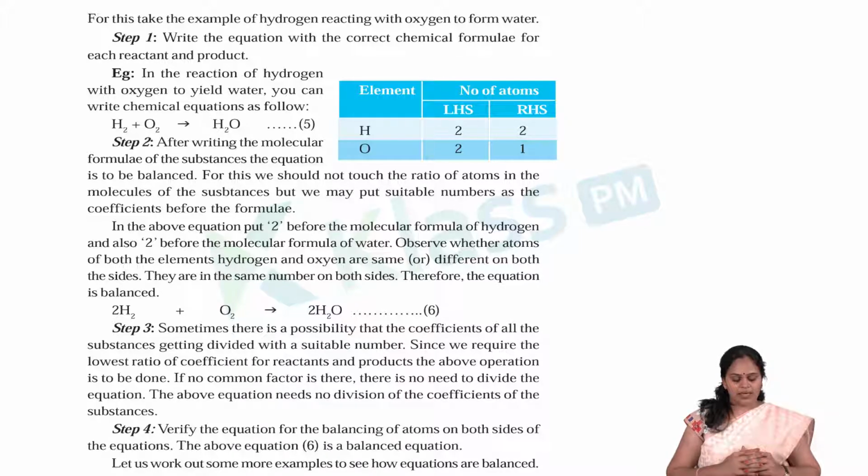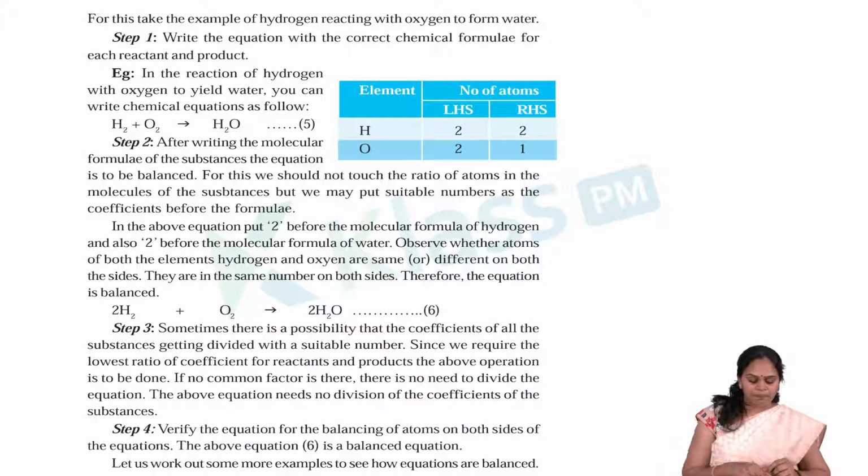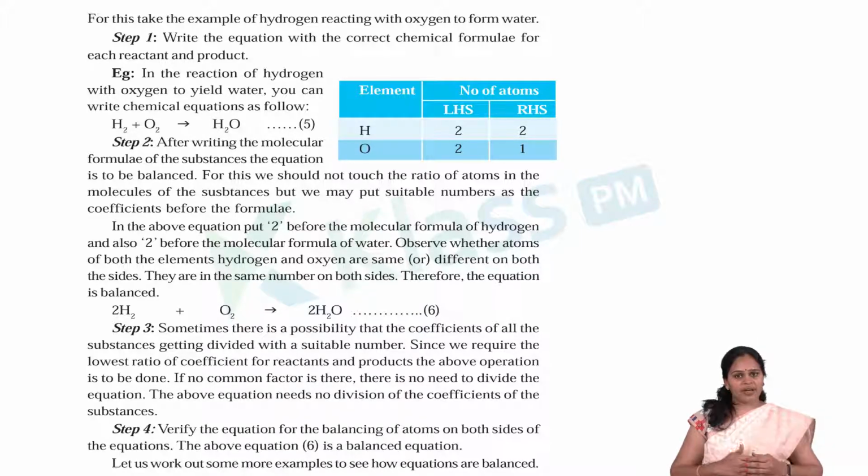In step 3, sometimes there is a possibility that the coefficients of all the substances can be divided by a suitable number. It means that if 4 and 6 are there, 4 and 6 can be divided by 2. So we need to simplify to as small a number as possible. Since we require the lowest ratio of coefficients for reactants and products, the above operation is to be done.